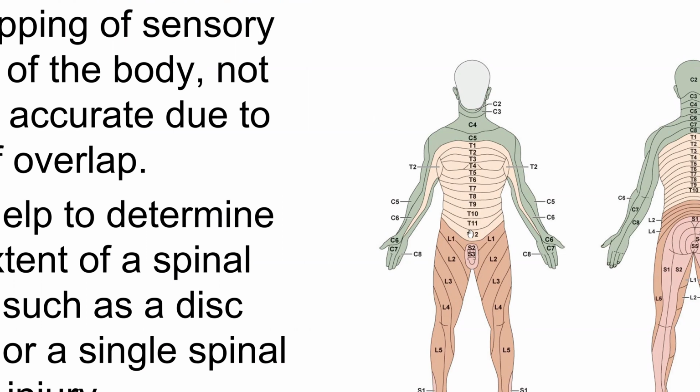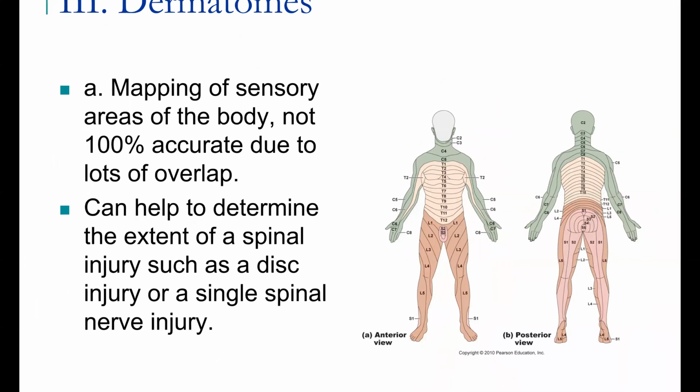Also, if you're doing spinal anesthesia for a hernia repair, obviously you need this general area anesthetized, but you certainly don't want it up here, because you don't want to interfere with any of the respiratory things, okay? So not 100% accurate, but it can help to determine spinal injury or spinal nerve injury.